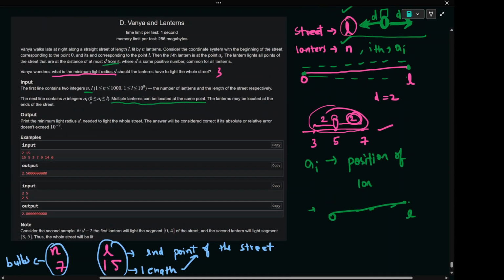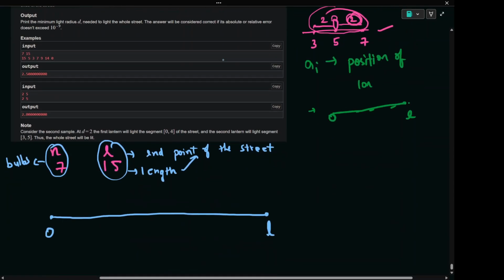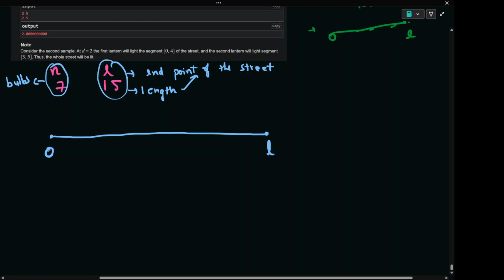They did mention, right? See here, they mentioned that the beginning of the street corresponds to point 0 in the coordinate system. So the street always begins at point 0. And now where will it end?